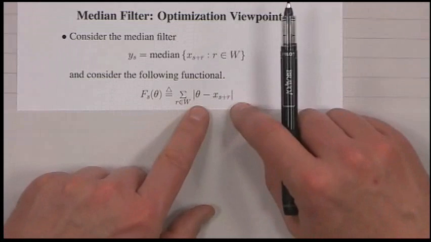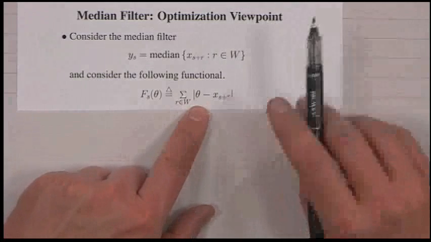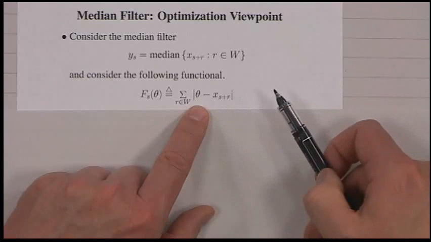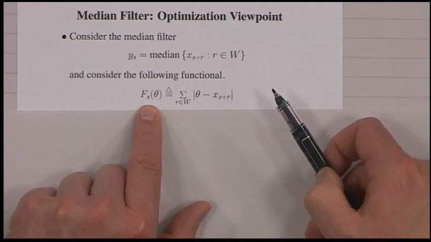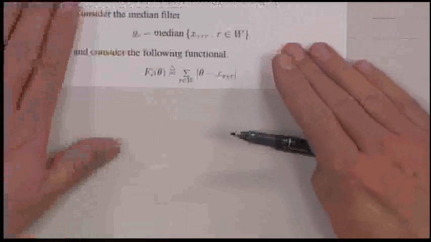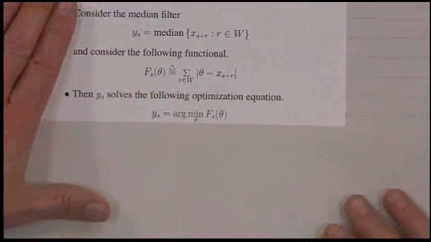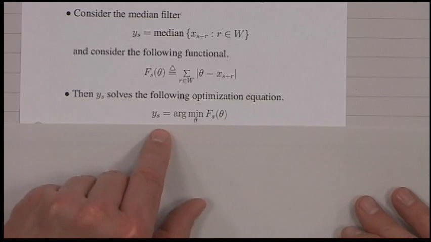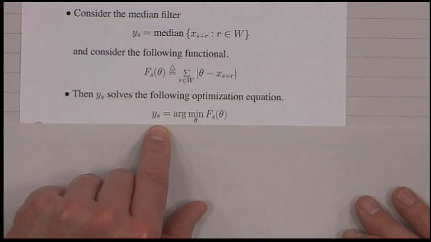And you say, well, what's theta? Theta is just an independent variable that I'm going to adjust that will change the value of this function f. So the way I'm going to select theta is I'm going to minimize f with respect to theta, and the corresponding value I'm going to call y.